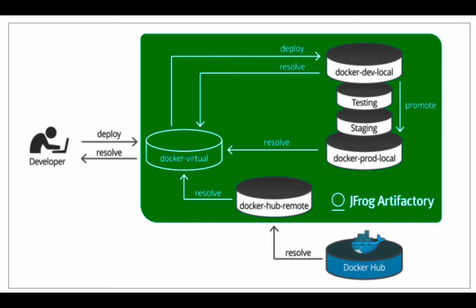And when it's ready for production, again, we can use this virtual repository to also pull from it. So from the outside world, from the human interaction perspective, we only have one Docker registry that you push dev images to, and you can only pull production images out of it.